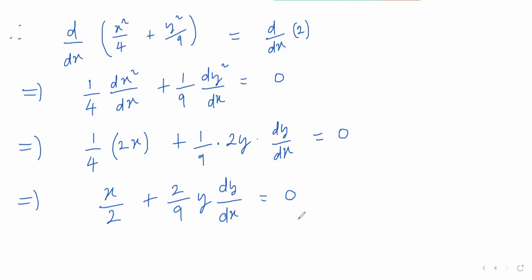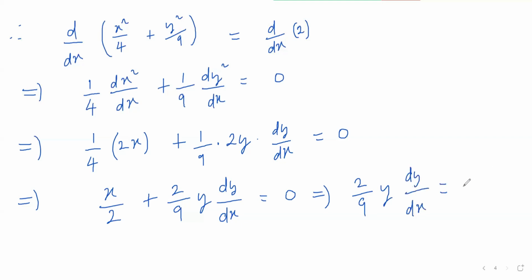So now we have to solve for dy/dx. We have to solve for dy/dx. So this implies the following. We leave the term that contains dy/dx on the left side of the equation. So now we've got 2 over 9 times y multiplied by dy/dx on the left.